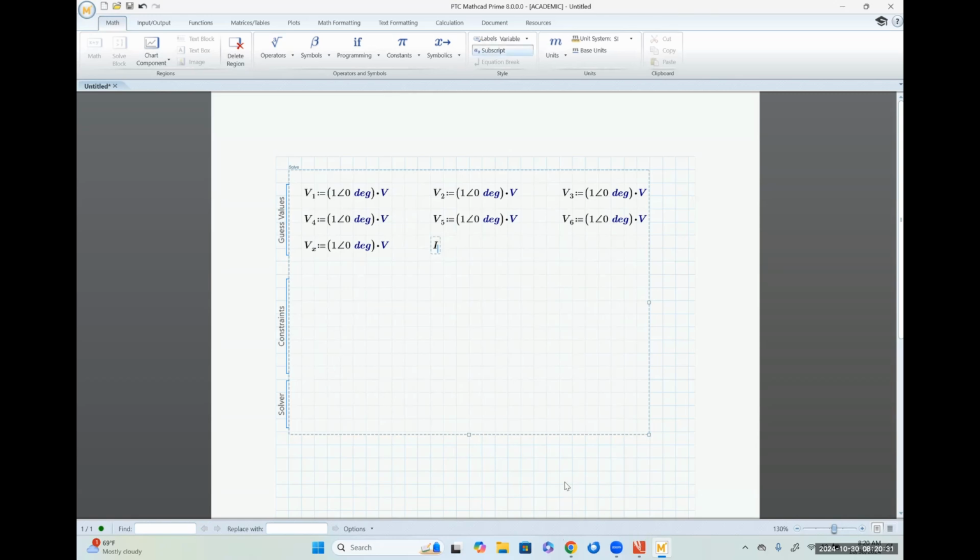Oh, I used the X twice. My apologies. Same thing, 1 angle 0 degrees, but now I'm going to use amps, obviously, because it's a current. So I've declared my 8 different variables.